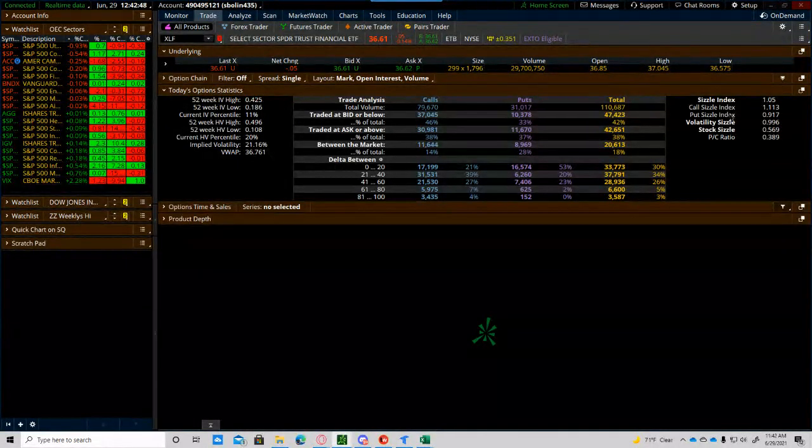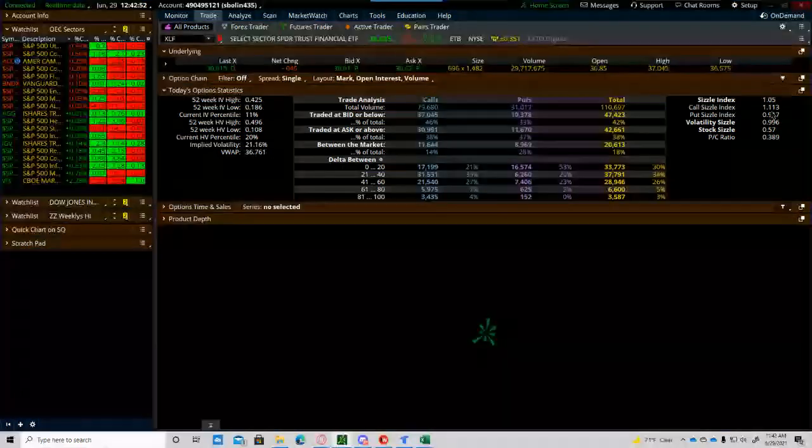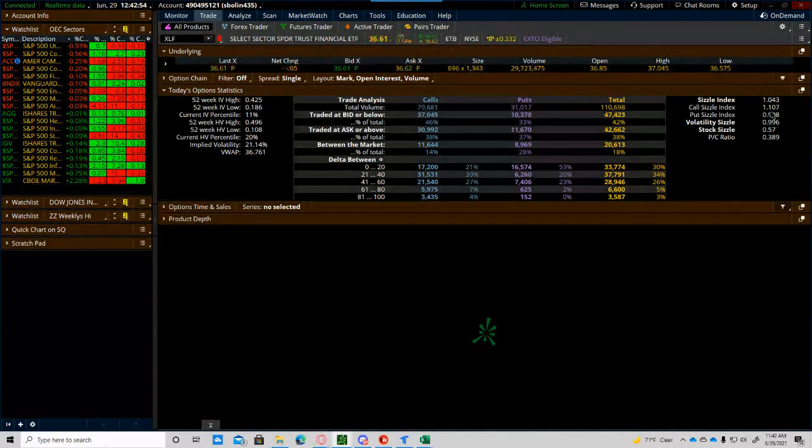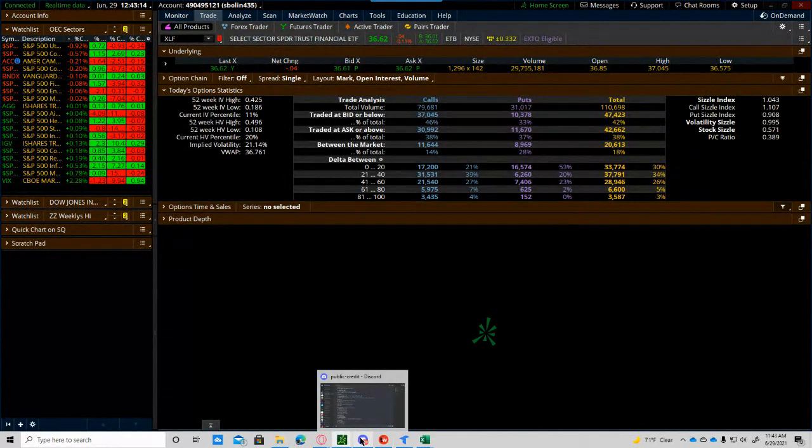Greater than the put call Sizzle from the last 5 days or less than the put call Sizzle from the last 5 days? Thinkorswim also has volatility Sizzle. Is the volatility today greater than the 5-day volatility average? And then it has stock Sizzle, which is volume. So that Sizzle informs us of liquidity.